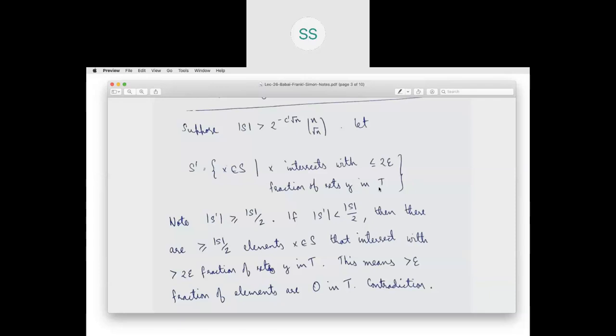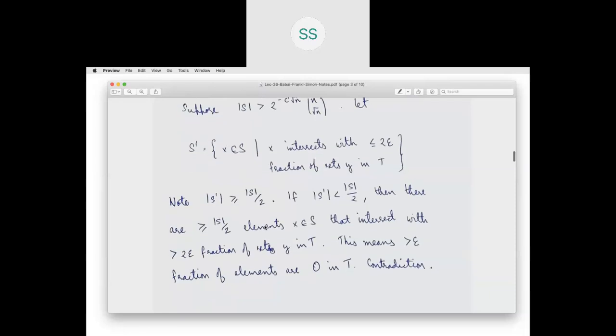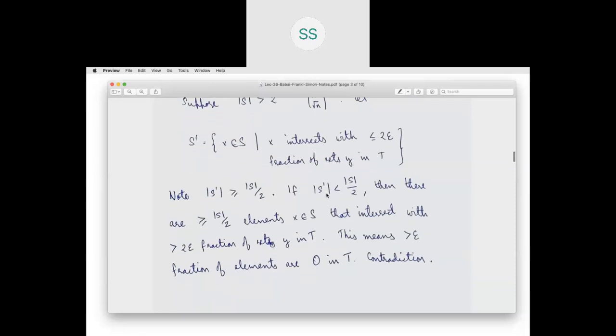The first observation is that the size of S dash is at least half the size of S. Why is that? If the size of S dash is at most half of S, that means there are more than half the elements of S that are not in S dash. And why are they not in S dash?